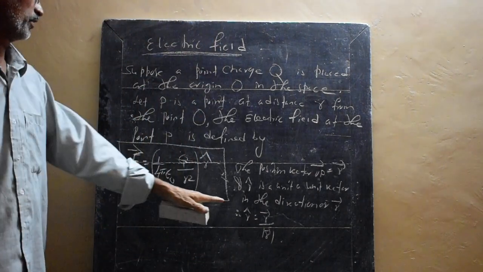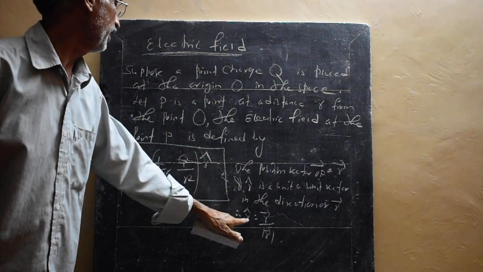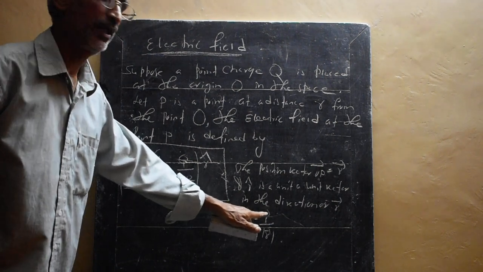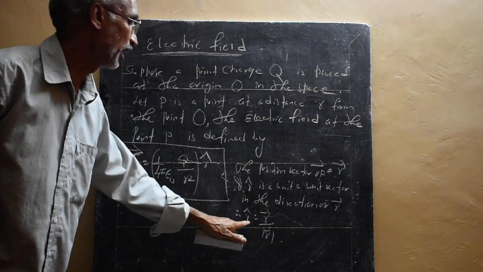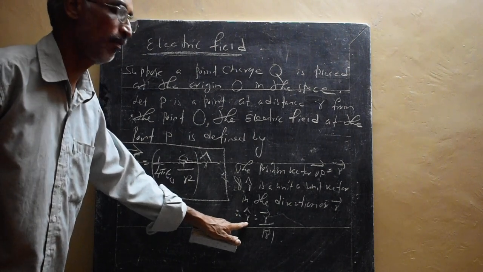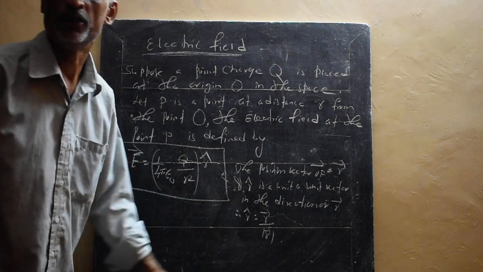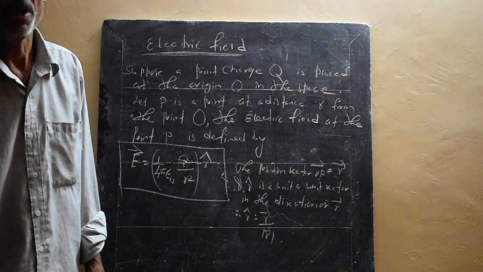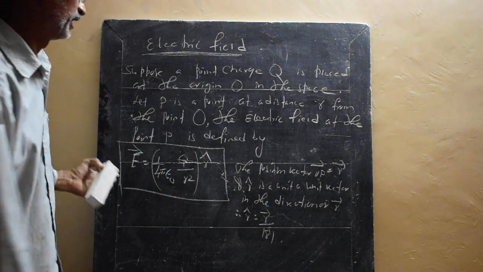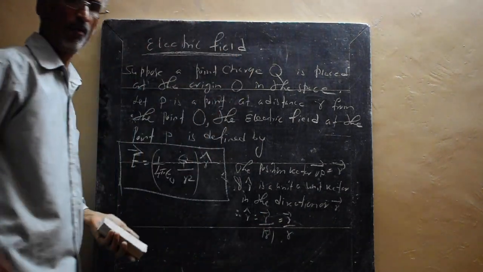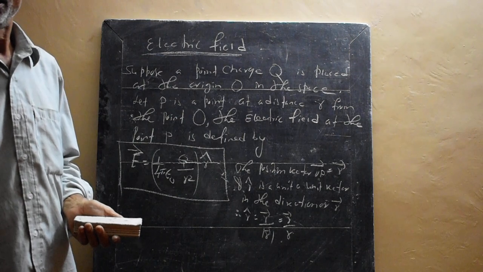Okay, so this is the vector theory. The unit vector in the direction of a vector R bar is given by R cap, which is equal to R bar divided by magnitude of R bar. Magnitude means length. That's why R bar divided by R. Magnitude of R bar means the length of the vector R bar.